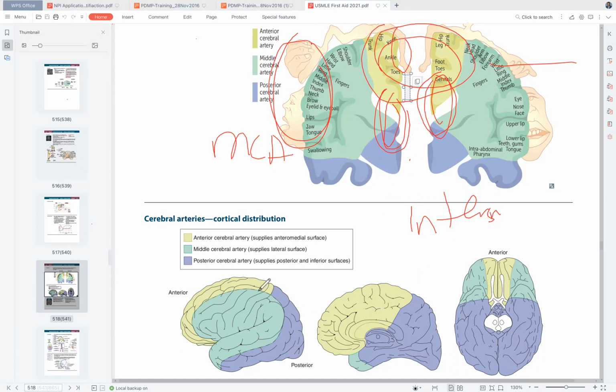And the posterior cerebral artery area, they don't ask too much about it, but you will see that because the visual cortex is affected, you have a problem with vision. That's the posterior parts, yes, the visual cortex.